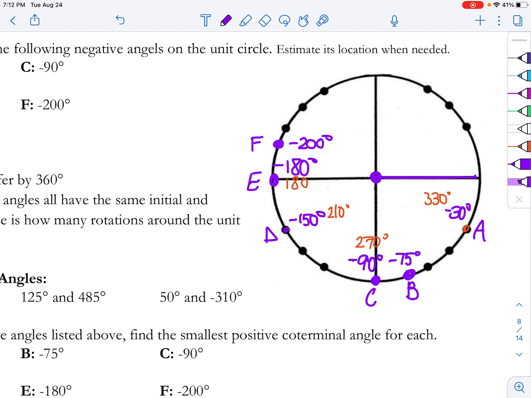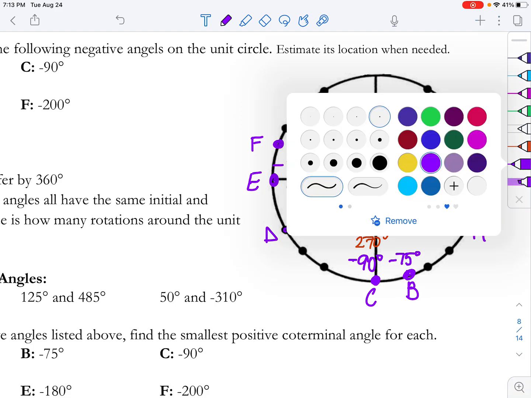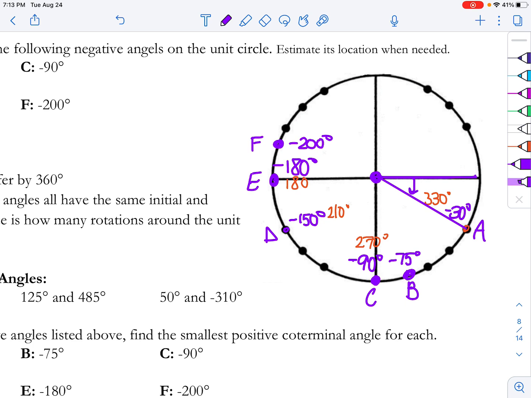Angles that have the same starting initial side and the same terminal side, like this one. So the negative 30 was going down where the positive 330 went up and around. Notice these are 2 different values, but the same angle, the same initial, same terminal sides.